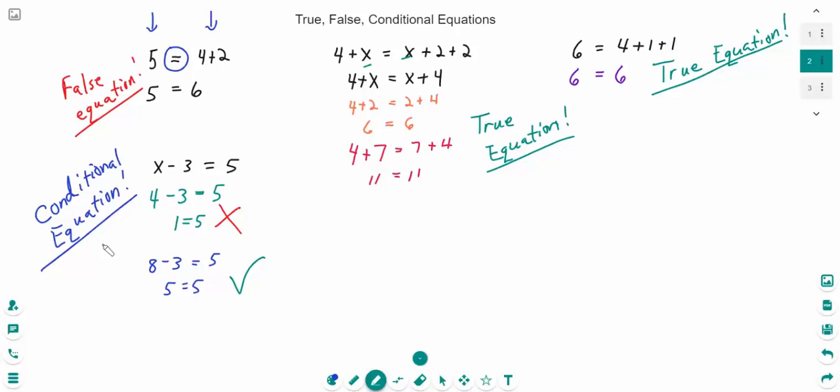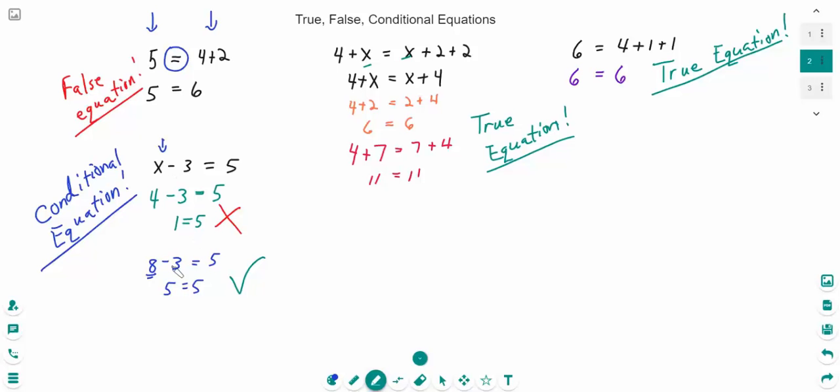Okay. So conditional equations depend on whether or not they're true on the x, the value that we give the x. So they're conditioned on the x. Conditional means it depends on what the x value is. If the x value is, in this case, an 8, then yes, this is a true equation. If the x is something like a 4, then it's a false equation.